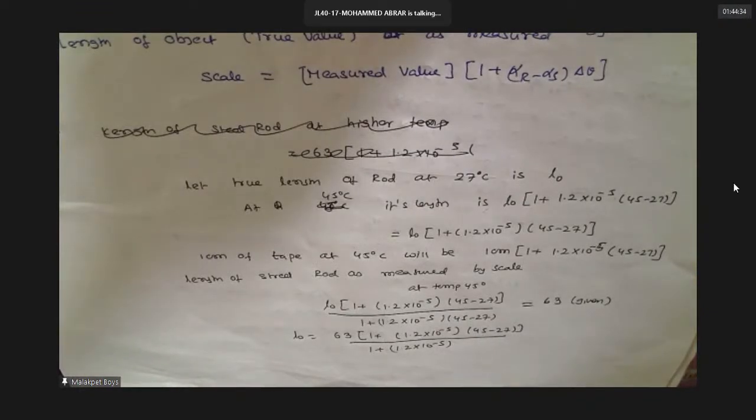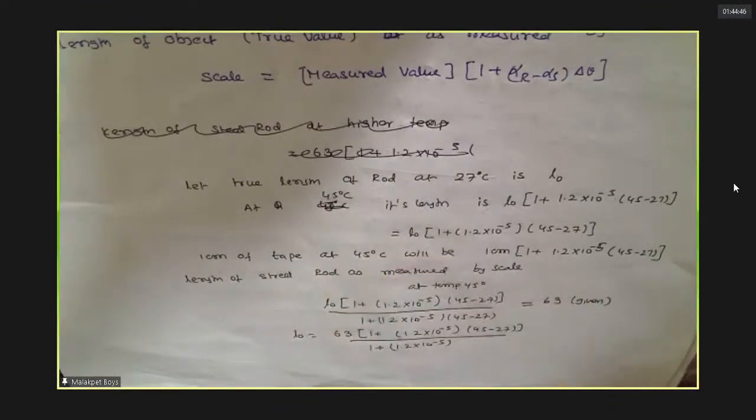In the first equation, the measured length is 63, sir. We have to find its true length. So true length will be L naught is equal to 63 into 1 plus that will come, sir, in the first equation. True length of the rod is L naught. Temperature is increased. So measured value is 63, sir. So we should multiply by 63 there. Its length is 63 into 1 plus 1.2, sir.